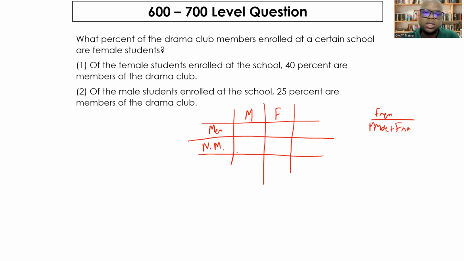We have male members and then we have the female members. So you have female members divided by male members plus female members. That's how we'll get the proportion. You can call this F, you could call this M, then this can be M plus F. So we need to find proportions of this. That's what we need to find in this question.